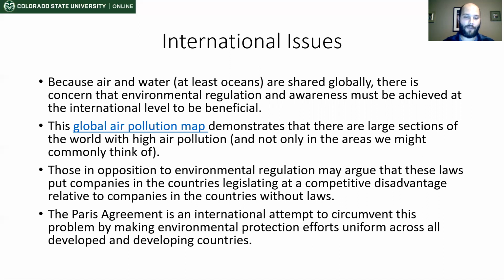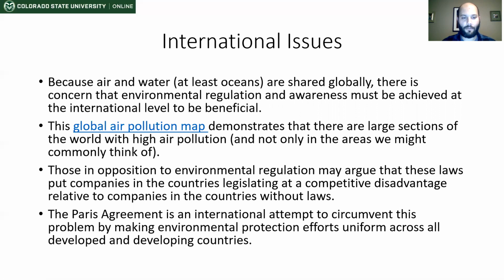A lot of times we think about smog in like the Chinese cities, Los Angeles, places like that. Global air pollution exists really around the world, depending on the time. There are at some points more polluted inhabited areas than unpolluted inhabited areas.